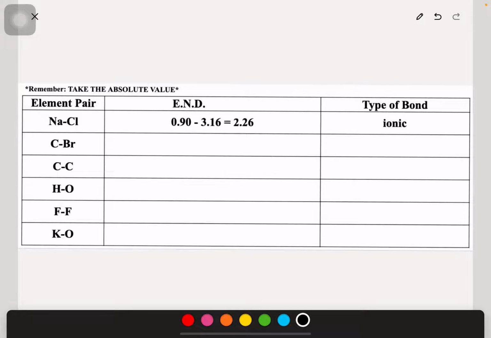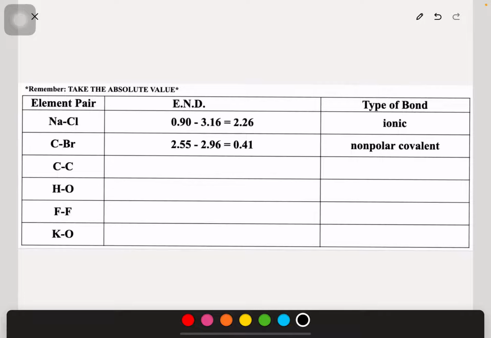We already knew that because we did that as an example already, and we can already see, before we even do the math, that it's an ionic compound. All right, let's try the next one. 0.41, so that would make it... I know we said the cutoff was 0.4, but 0.41 is pretty darn close, so we will consider it nonpolar covalent.